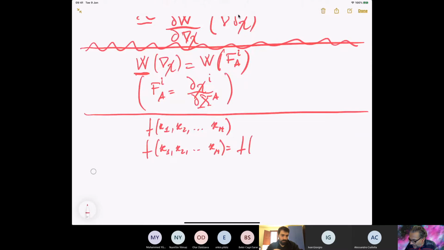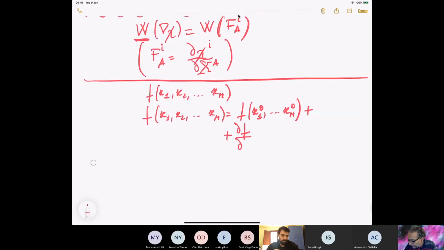You calculate f in a specific value for x, then you calculate the partial derivative of f with respect to the first variable.